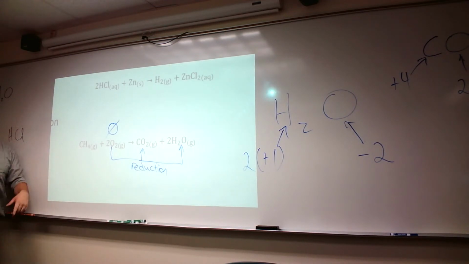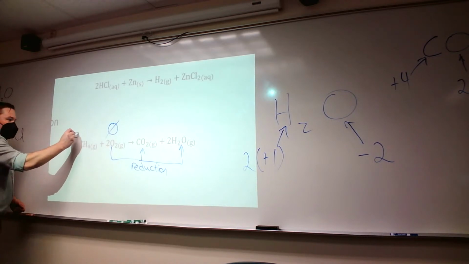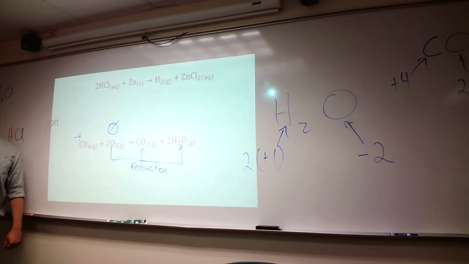So how many electrons does carbon need to gain to have a full valence? 4, right? Carbon's right here, 1, 2, 3, 4. It needs to gain 4 electrons. So if carbon needs to gain 4 electrons, carbon's going to be -4 over here.